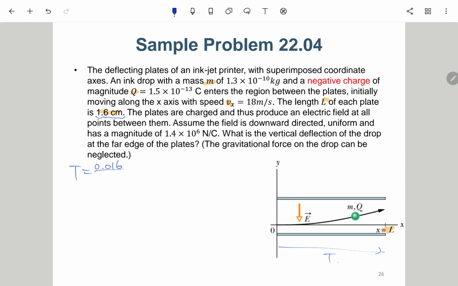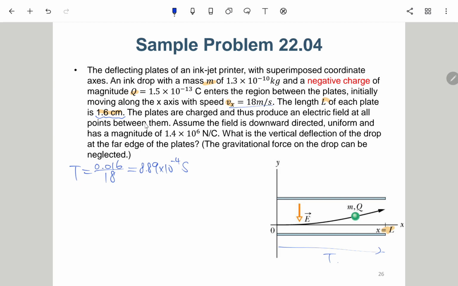In the x-axis it is uniform velocity movement, so T equals the length over the velocity. The speed along the x-axis is 18.80 meters per second, so it takes 8.89 times 10 to the negative 4 seconds to go through the parallel plate.